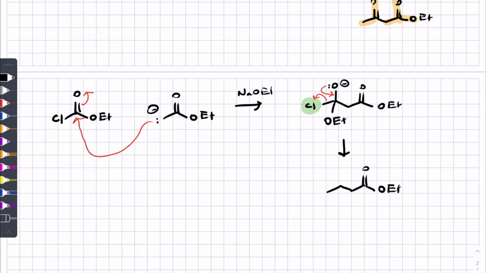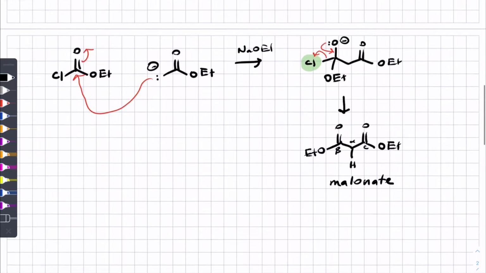still a beta keto type ester, only you've got esters on both sides. We've seen this molecule before. This is actually called diethyl malonate, and we used it in the previous chapter to do enolate alkylation reactions. So probably the text will have you needing to do this reaction to get here, and then in a synthesis use what we learned in chapter 17 to make some molecule.